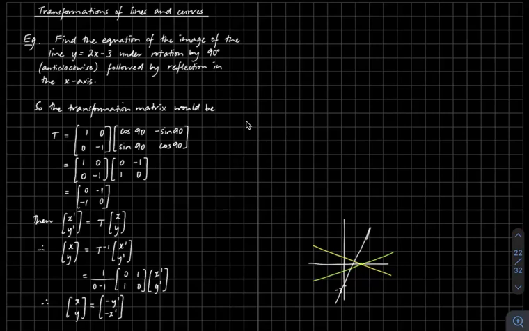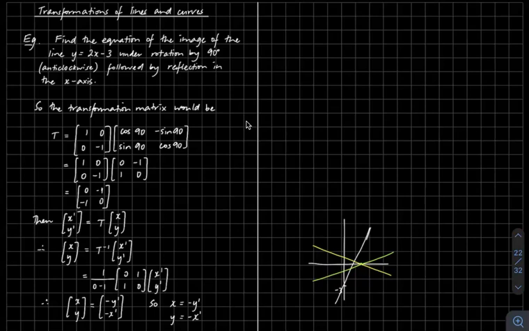Alright, so what we've got is x is equal to the negative of y dash and y is equal to the negative of x dash. Now, what that allows us to do is to write an equation which is a relationship between the image points.